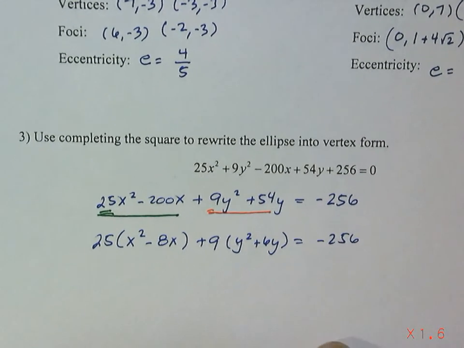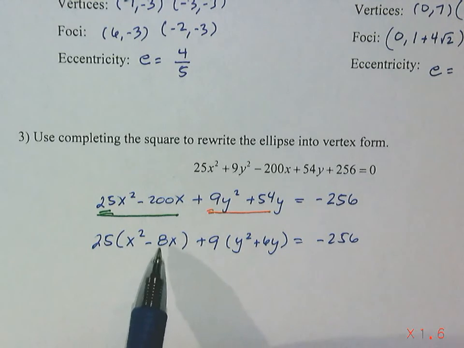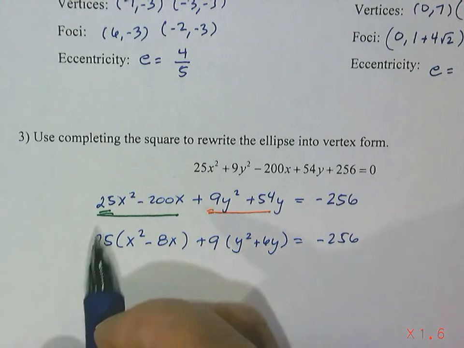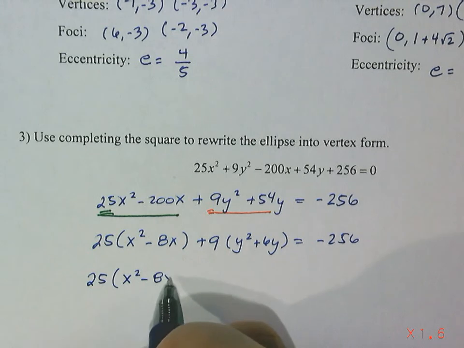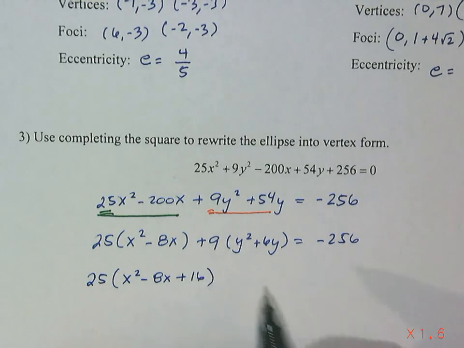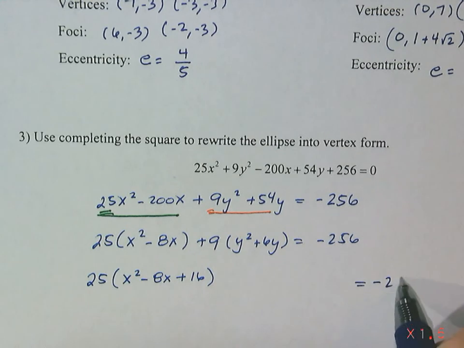Now I want to complete the square, but this is the hardest step of all of it. When I take half of negative 8, it's negative 4. When I square it, I get 16. So I'm going to add 16 here, but I have to multiply it by 25. So when I write it down, I'm going to have x squared minus 8x plus 16. When I put it on this other side, I'm going to leave a little bit of space.